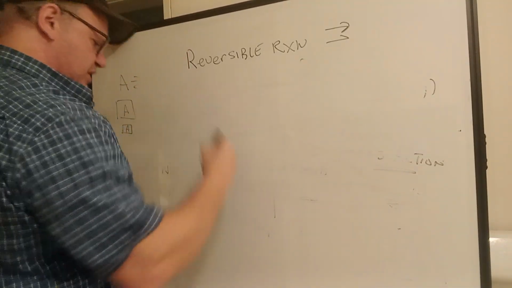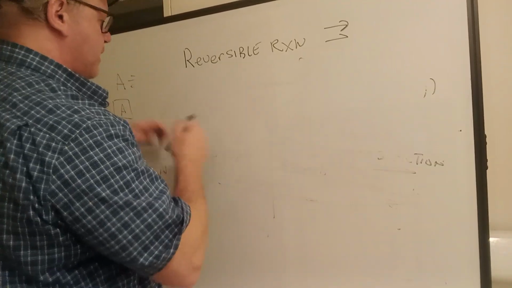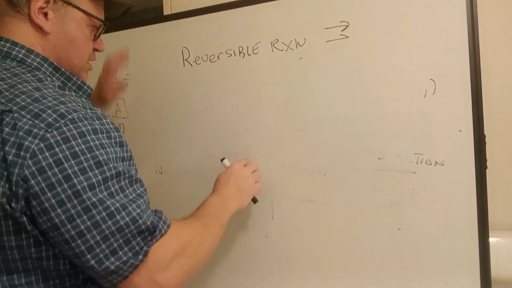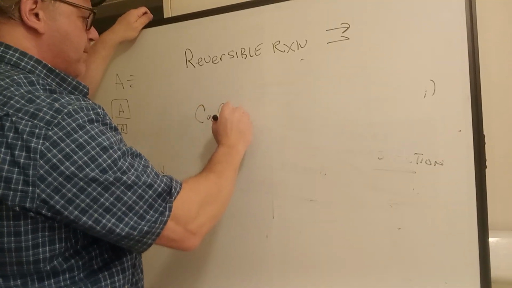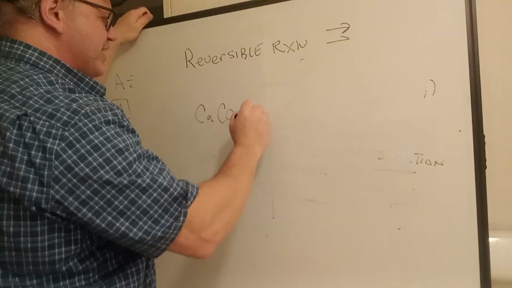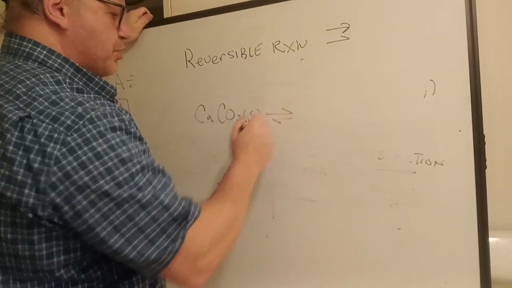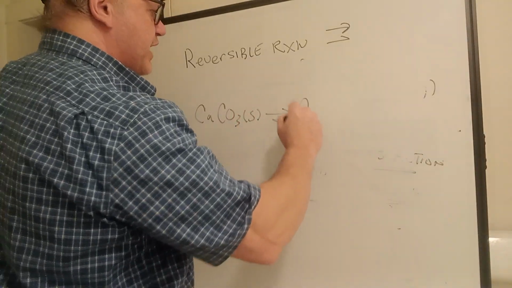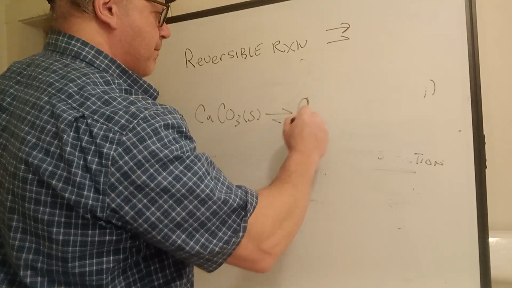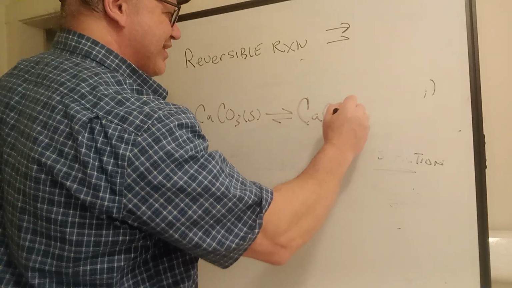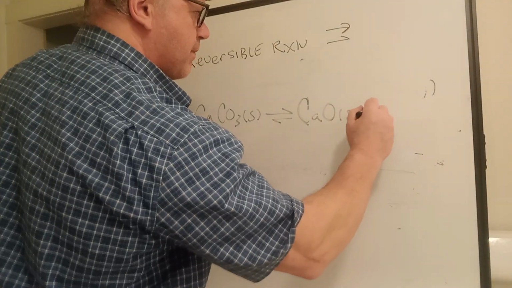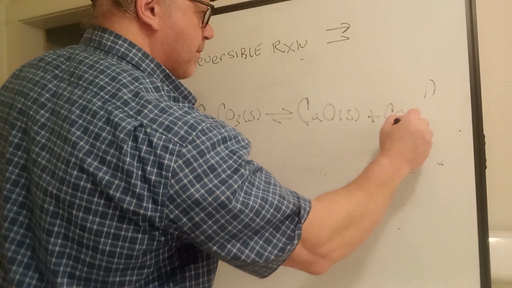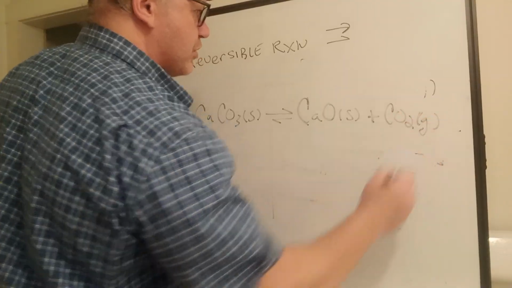So let's take a reaction. Let's take calcium carbonate, solid, in reversible equilibrium with calcium oxide, solid, and carbon dioxide gas, CO2 gas.